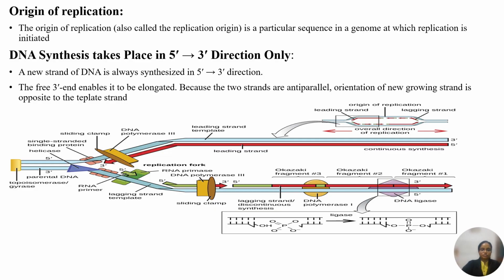Another important feature is that DNA synthesis always takes place in a particular direction, the 5' to 3' direction. And why is it so? Because we have a hydroxyl group attached at the 3' end, and this 3' OH group is the main site where new nucleotides are added one by one by the DNA polymerase enzyme.